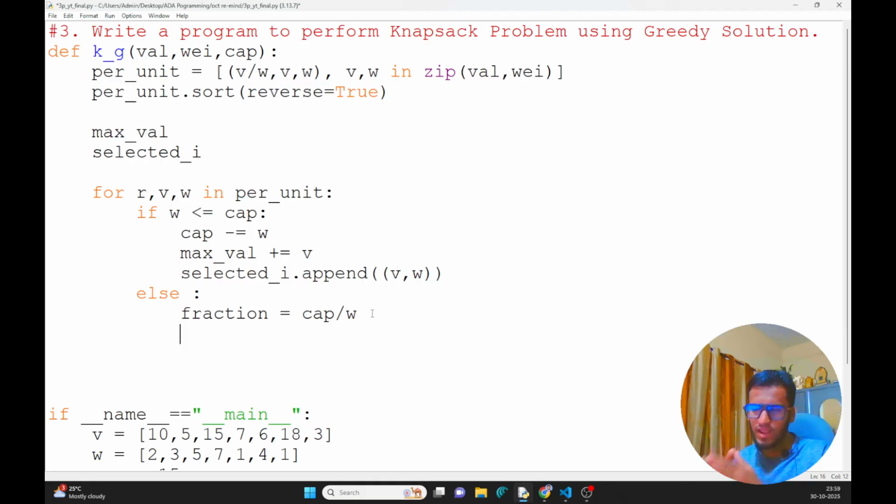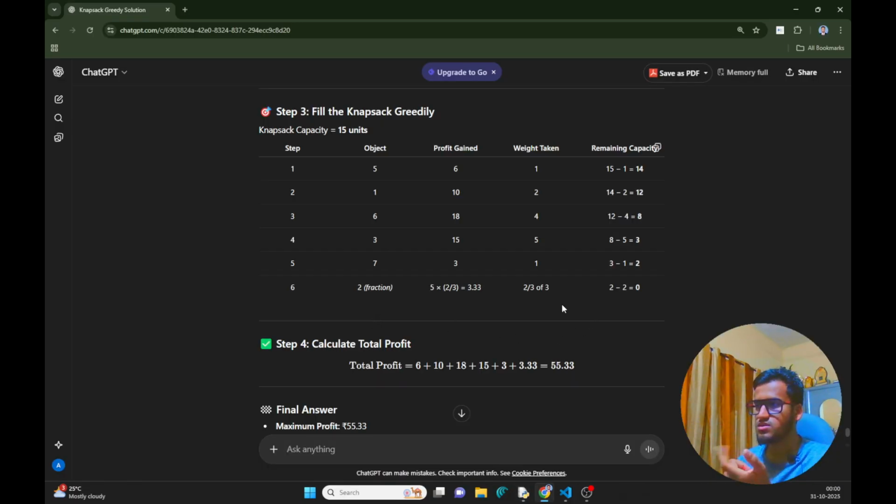Now, after the fraction, we want to calculate the maximum value. Here, maximum value is plus equal to, can you guess? With the fraction, into, come on guys. Okay, let me just see.